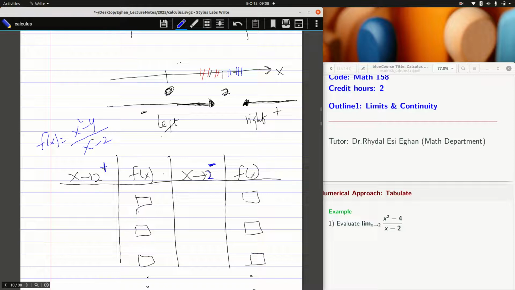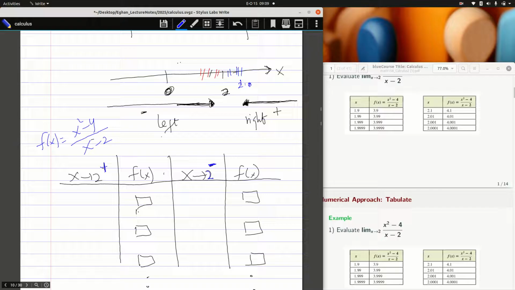No, if I assume from the positive side, it can't be 1.9. 1.9 is on the left. I can start from 2.0. No, 2.0 is actually 2, so I can't use 2.0 here. So assume I'm taking 2.1 here.